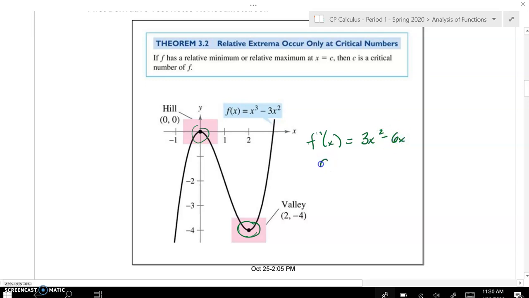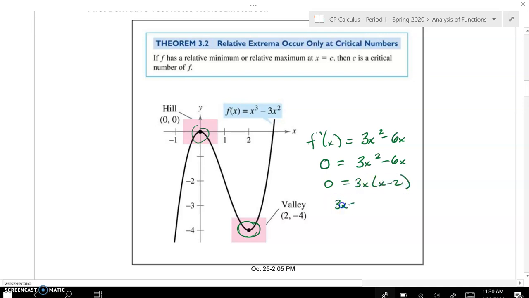Then we know that those relative maxes and mins have horizontal tangent lines with slope equal to 0. Therefore, we can set the slope, which is the derivative, equal to 0 and solve for those locations. To solve this, I'll need to factor.